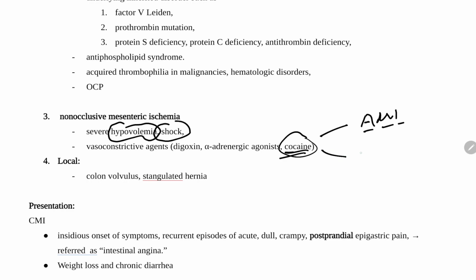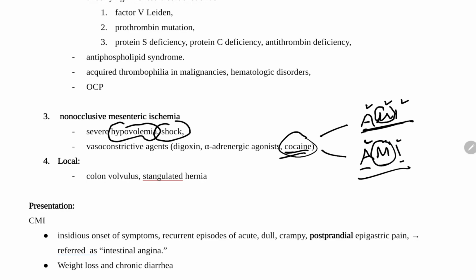And if it is abdominal pain, then it is also AMI, that is acute mesenteric infarction. So in both cases, cocaine may cause chest pain or abdominal pain. In the chest, AMI, acute myocardial infarction. In the abdomen, AMI, that is acute mesenteric infarction. So M for myocardial, AM for mesenteric.